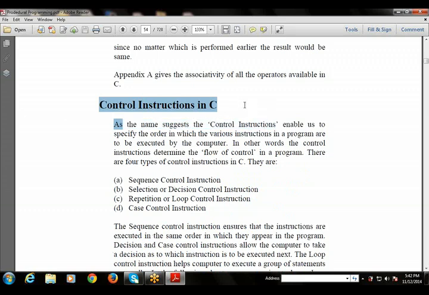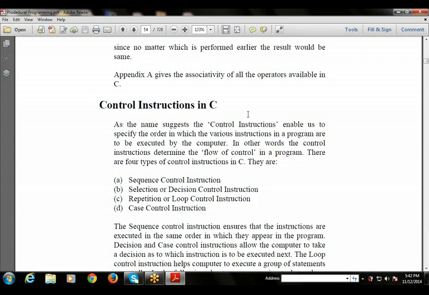Now the next part, that is your control instructions. Till now we have discussed types, declaration statements, instructions, arithmetic instructions. Now next is your important part, that is your control instructions in C. That is, what are the control instructions that are available in the C language.